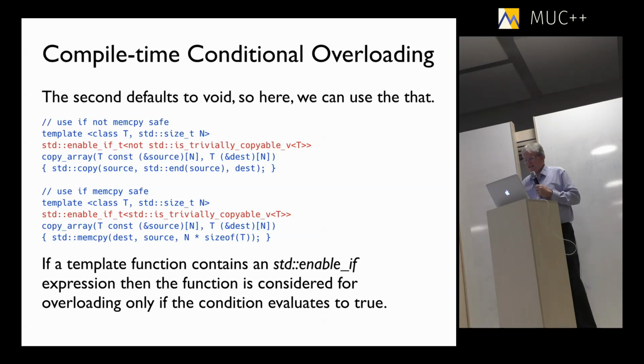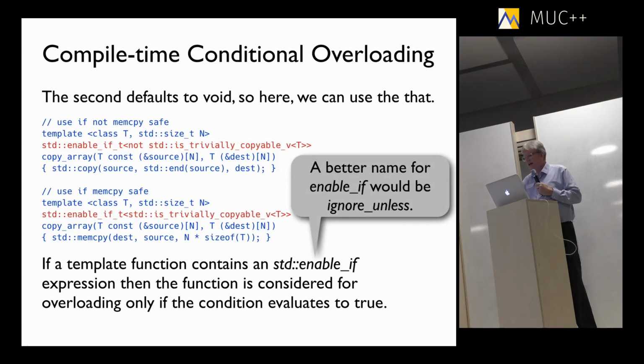Okay, so what's actually going on here is that we enable a function if this expression is true. A better name for this would actually be ignore unless. The reason is that if you don't do anything at all, functions are always enabled. We don't actually have a step when we're writing code to say, okay, now it's time to enable this thing. If you write the function, it's enabled.